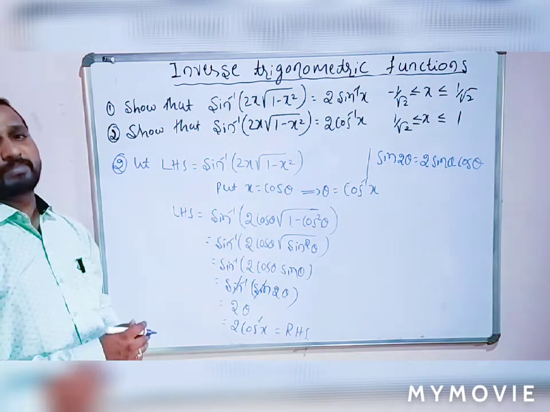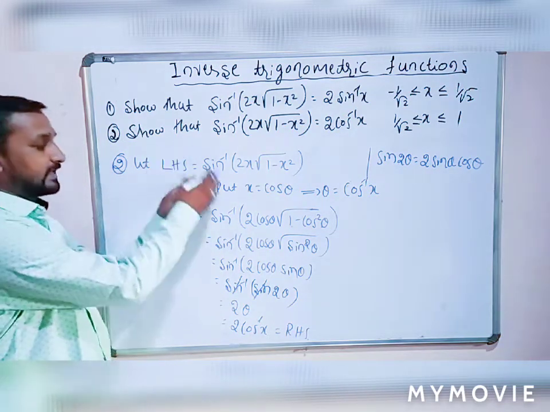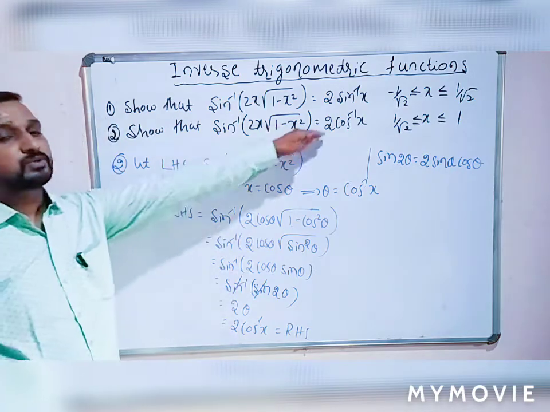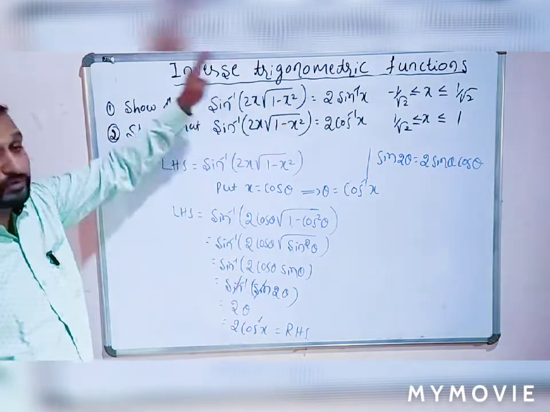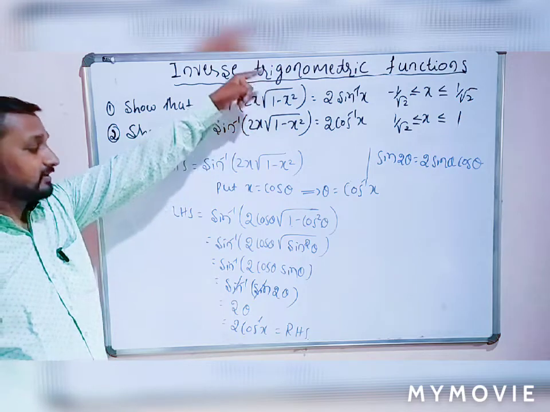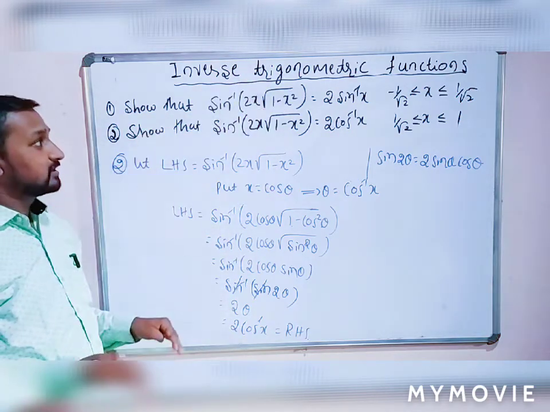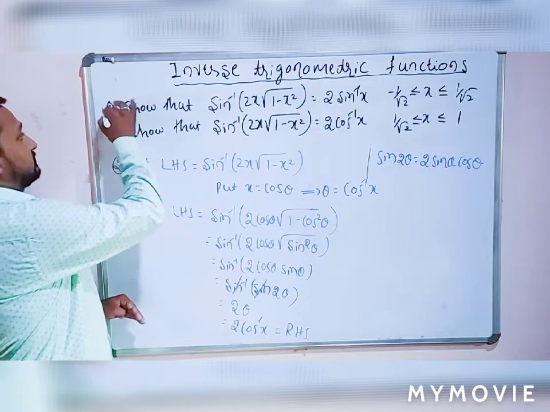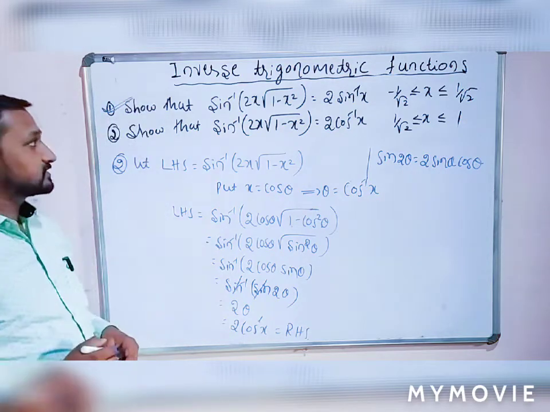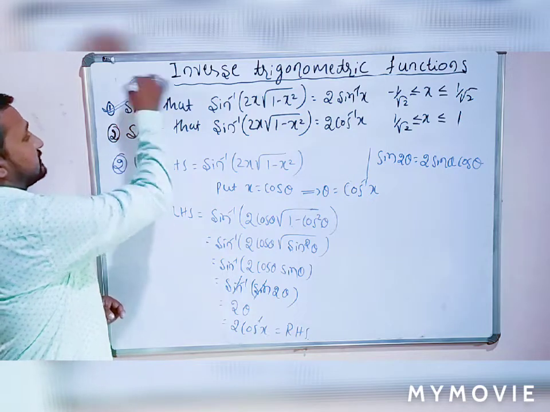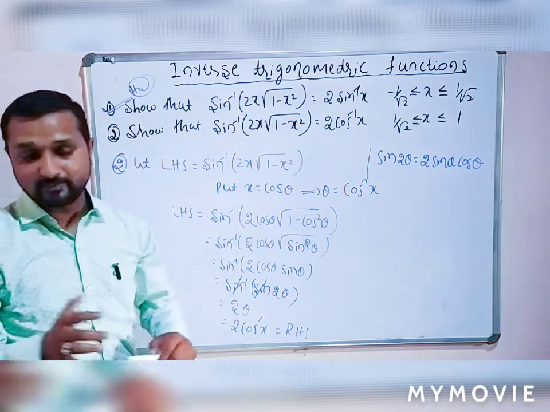Very simple example. In this example we put x equal to cos theta and get 2 cos inverse of x. In the first example we put x equal to sin theta and get 2 sin inverse of x. So try the first example yourself; that is your homework. Note down this example.